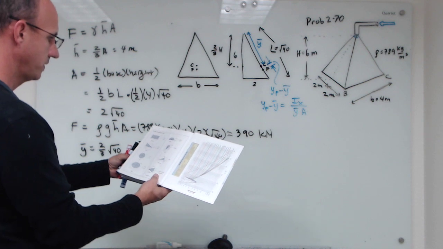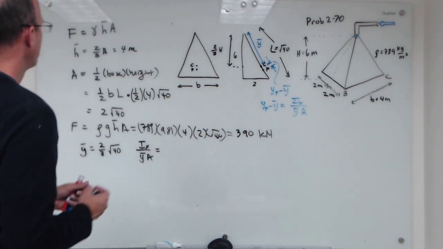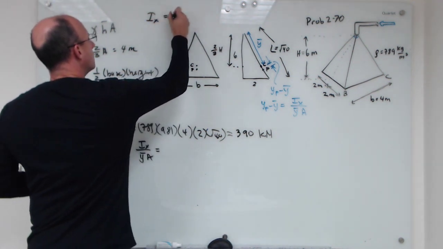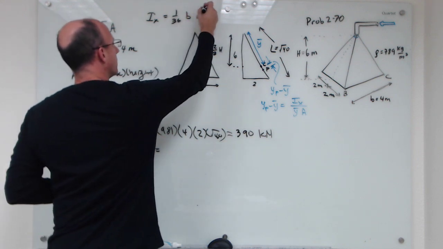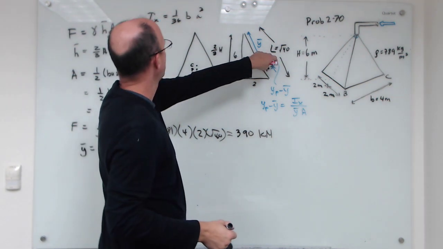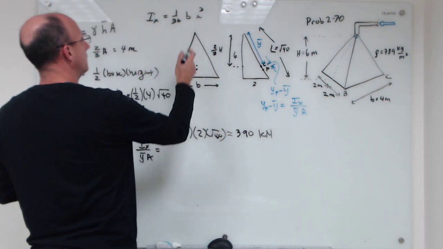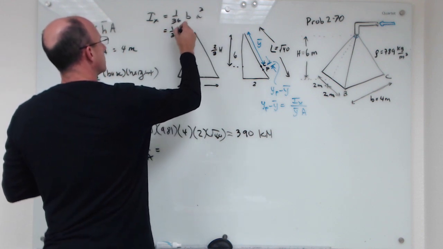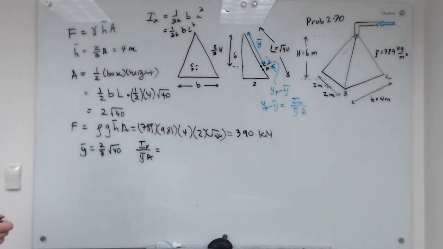It's 1/36 the bottom width times the height to the third power. In this case, our height we call L, and our bottom width we call B. So we could write this as 1/36 times B times L to the third.